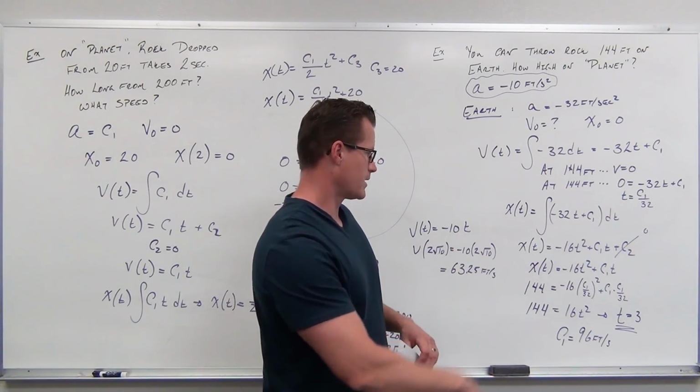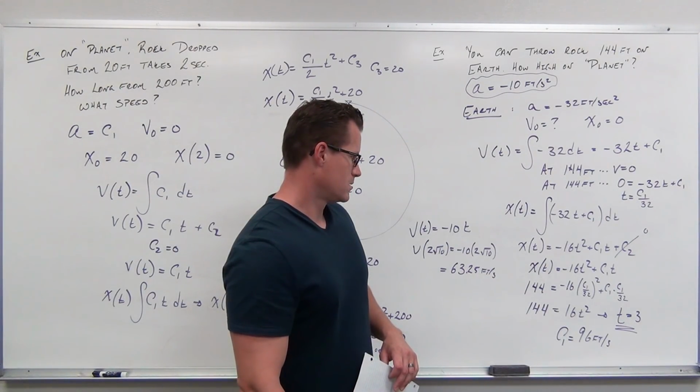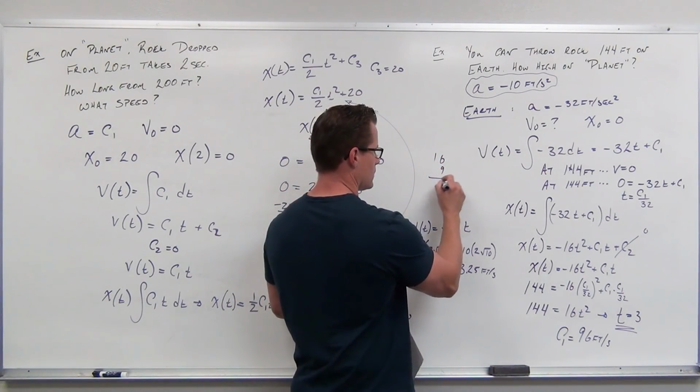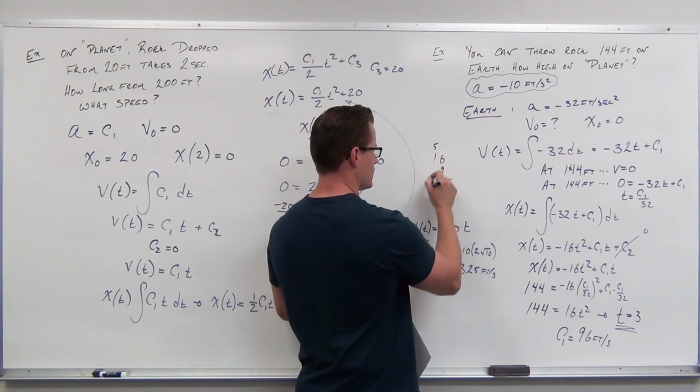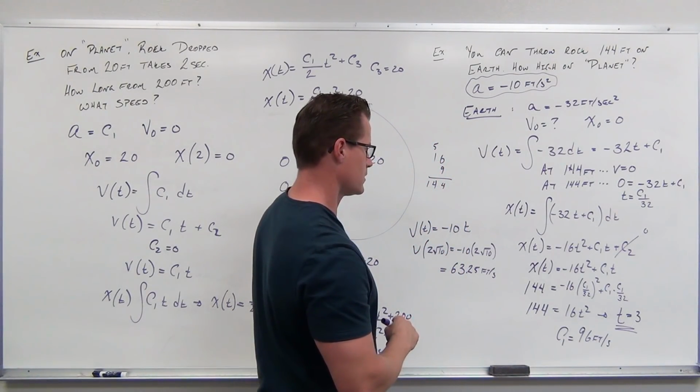In fact, you could probably plug it in right now, say what's 96 divided by 32, so that would be 3. 3 times 96, 3 squared 9. But that's 288.